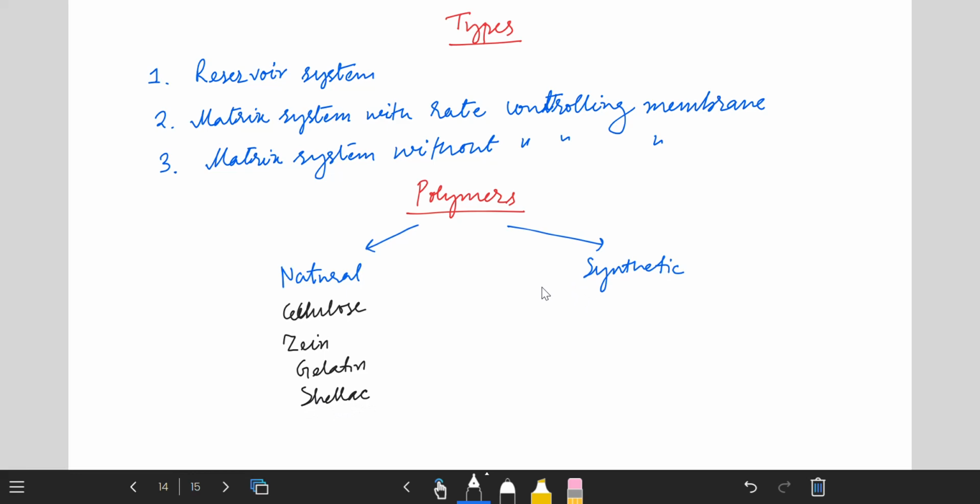But synthetic polymers are silicone, nitrile, polysiloxane. Okay, so these are the polymers used.